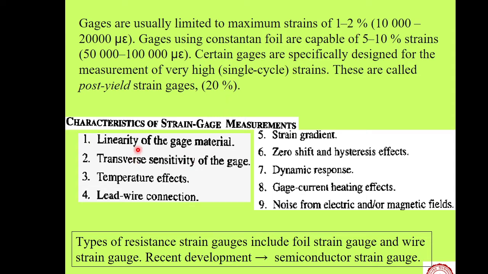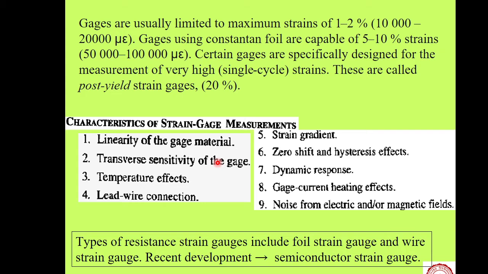And then what are the other characteristics? The linearity of the gauge material that we have seen, because the gauge factor itself requires that part. Otherwise, we cannot use the gauge factor. Transverse sensitivity of the gauge also affects there.